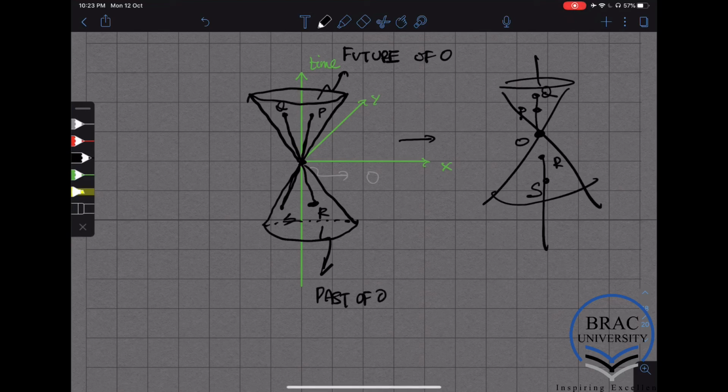And these cones are called the light cones. So this is called the past light cone, and this is known as the future light cone.